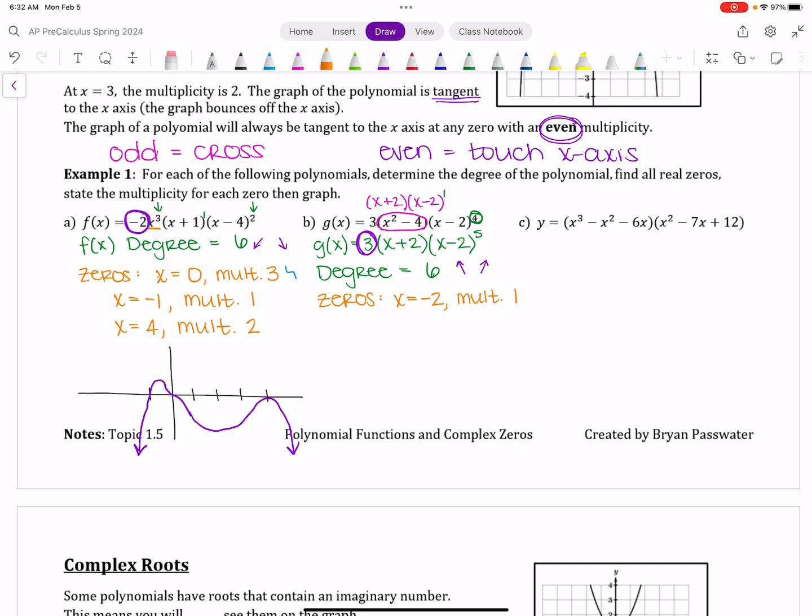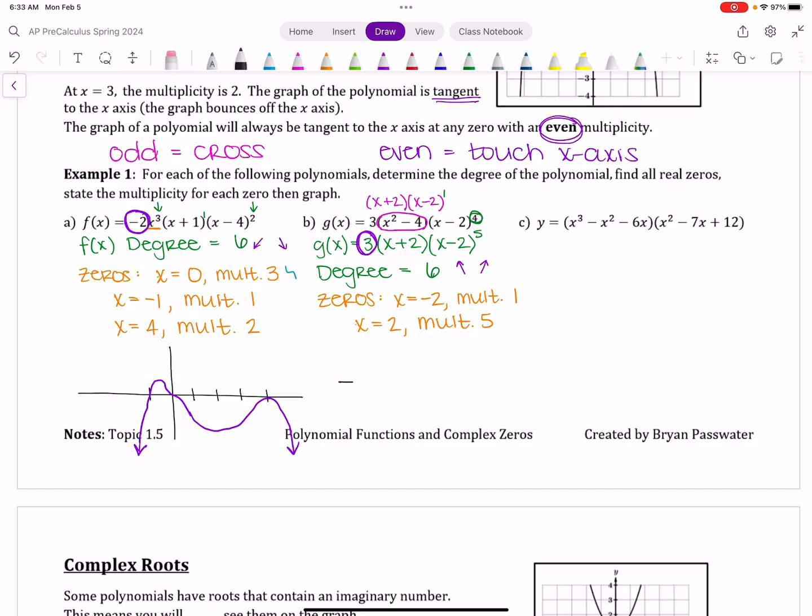And our last zero is going to be at 2 with a multiplicity of 5. So at -2, it'll cross right through, and at 2, it'll cross, but it'll also do a little curve.